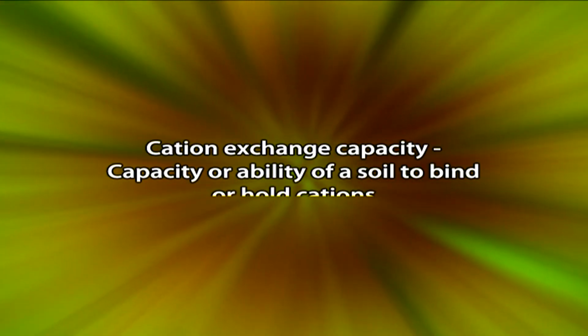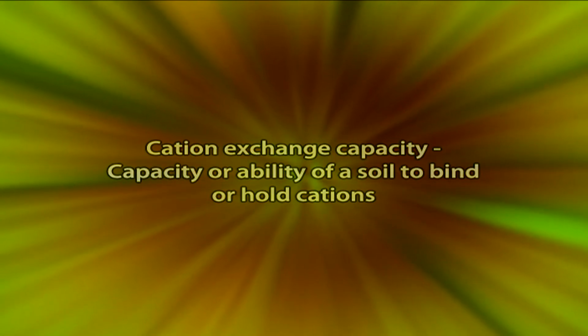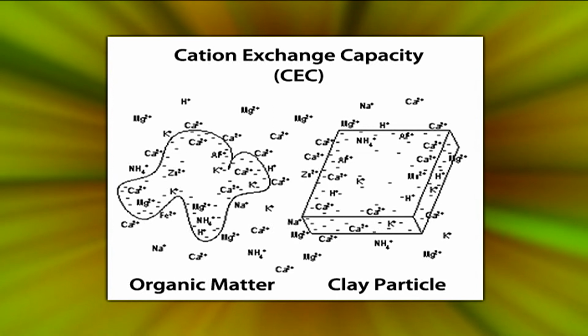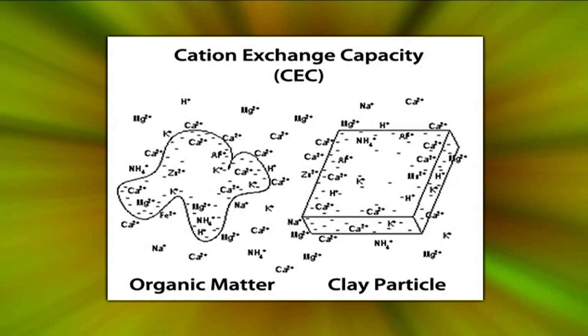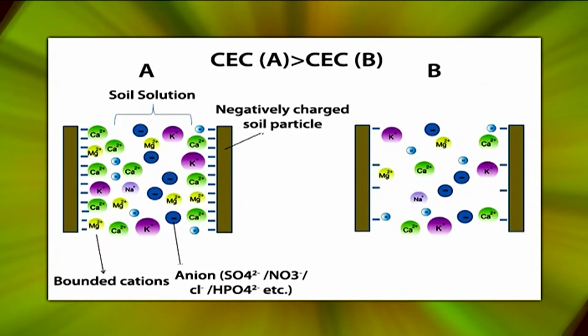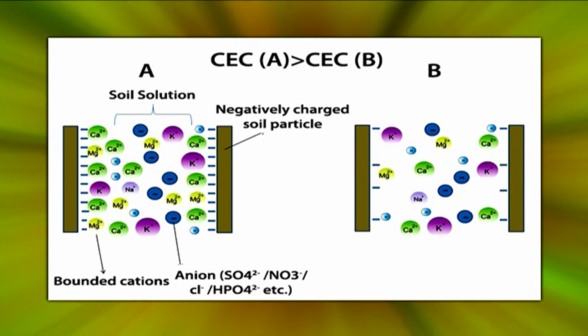Another important soil property is the cation exchange capacity. The cation exchange capacity of a soil refers to its ability to bind or hold cations. This property depends on the texture, that is the proportion of clay particles, and the organic matter content of a soil. Clay particles have a net negative charge and thus a lot of cations bind to them.